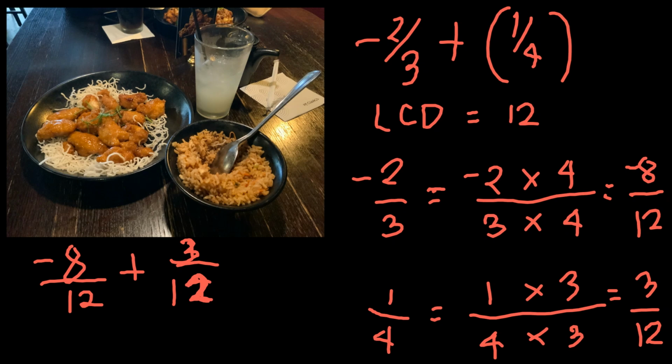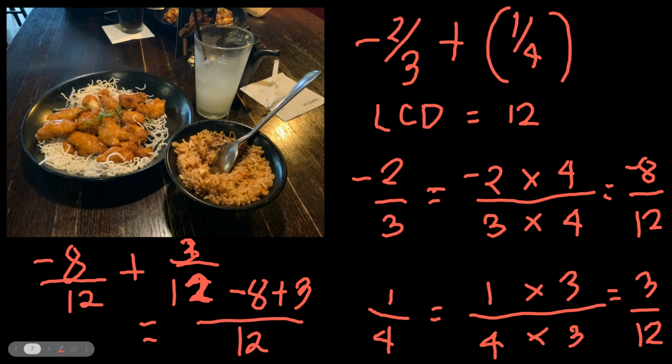So we can now add negative 8 over 12 plus 3 over 12. Let's rewrite 12 as our denominator, and negative 8 plus 3 will give us negative 5. Yes, negative 5 over 12.